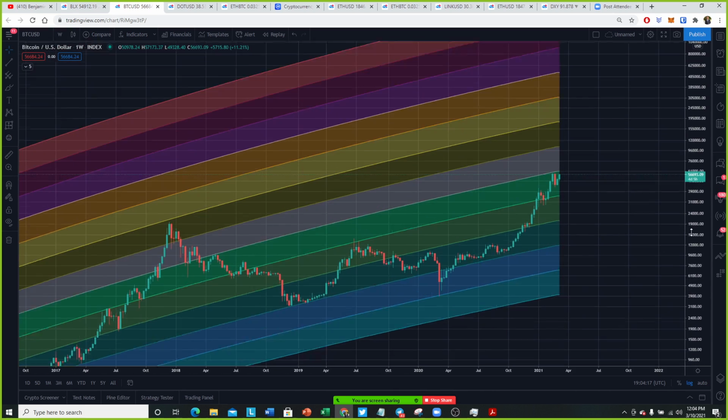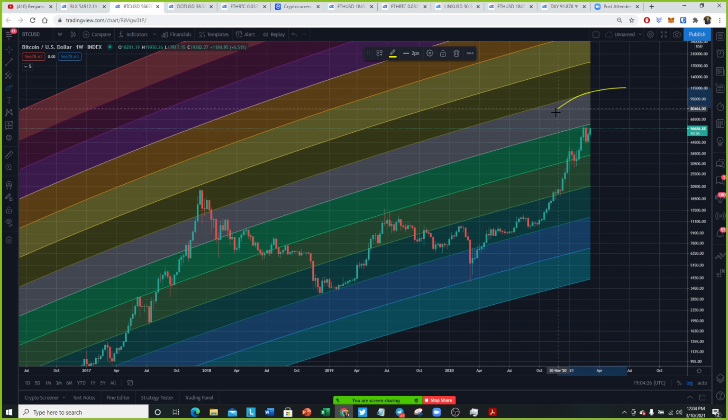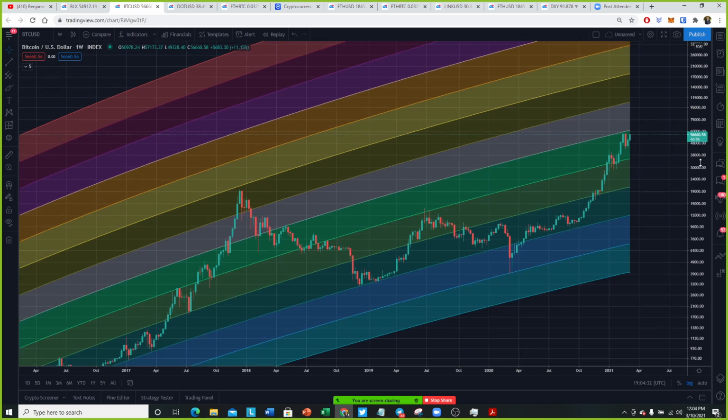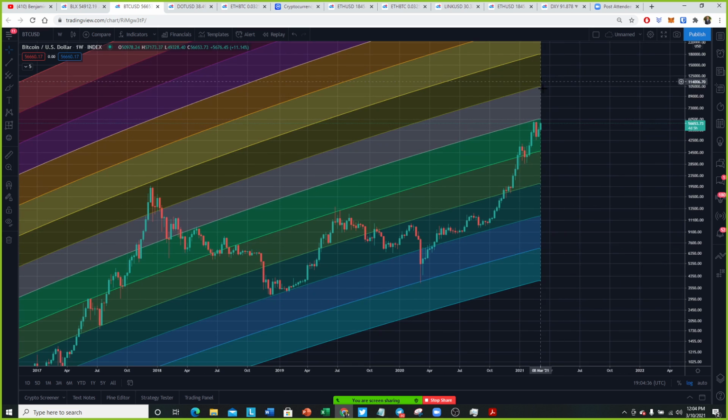So that's sort of an area to keep an eye on if we're able to get this manic move above 60K. That would represent going into this band, which would be a very manic time in the market. I think it'd be a very emotional time for a lot of people. If something like that were to happen, I do think it would be a very manic time in the market because we're getting into very heated territory.